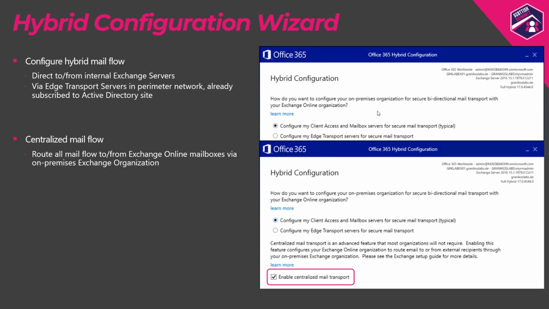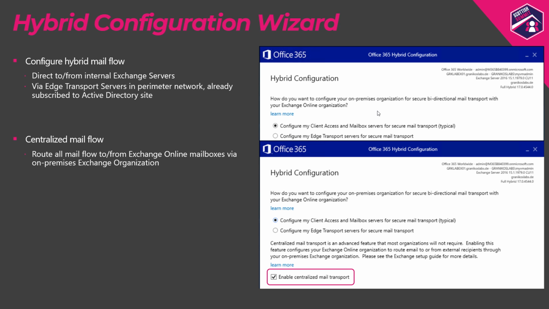Be aware of the fact that this is something that is not being recognized each and every time when you run the configuration wizard. So when you configure centralized mail flow and run the configuration wizard again, you always have to get to the advanced and enable centralized mail flow option to keep centralized mail flow in place.